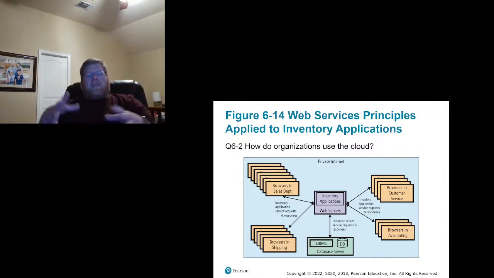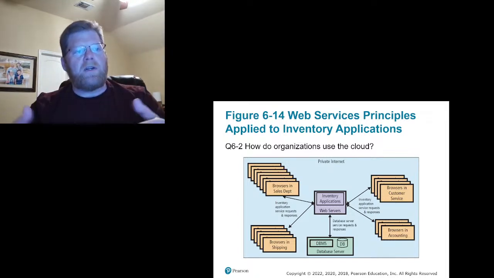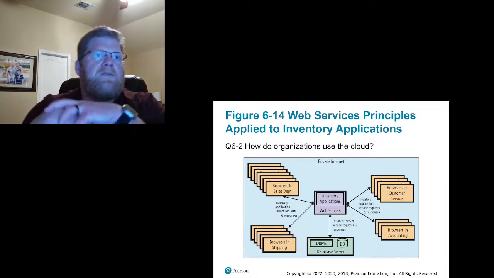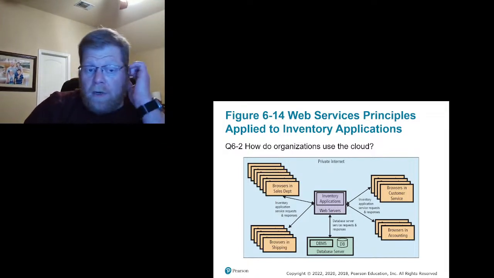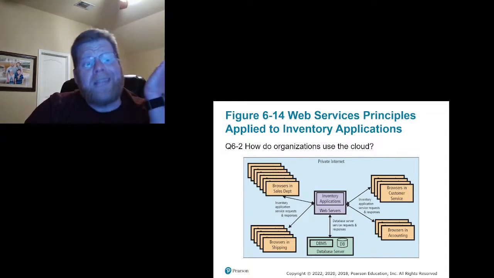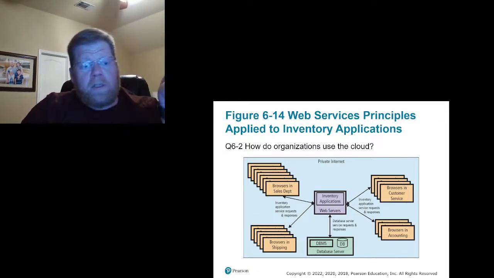So if you're going to use an inventory application for a web server attached to a database management system with an internal database, you've got all the different browser applications for customer service, sales department, shipping, and accounting, your private internet is going to be utilized for a cloud infrastructure so that it's accessible everywhere, especially if you're an international company or a national company that needs to be able to access this in numerous places.